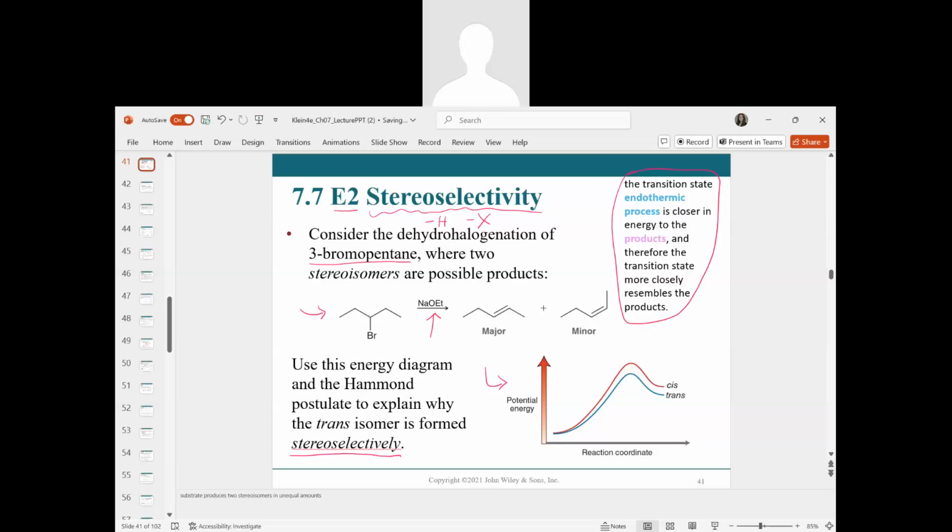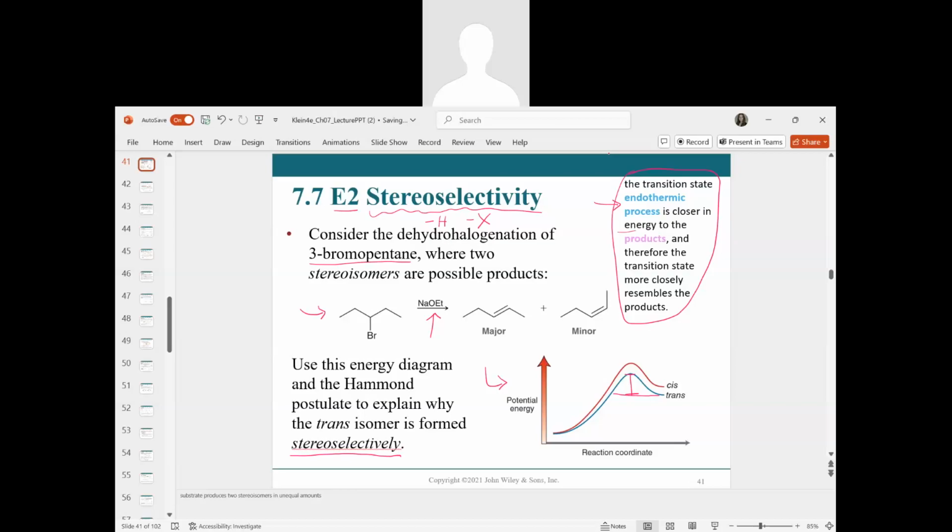So what we see here with the energy diagram is that our activation energy is lower overall to get to the transition state for the trans isomer. And also using Hammond's postulate, we know this is an endothermic process, so the energy will be closer to the products at the transition state, and we know that our transition state will resemble our products more than our reactants, due to Hammond's postulate.